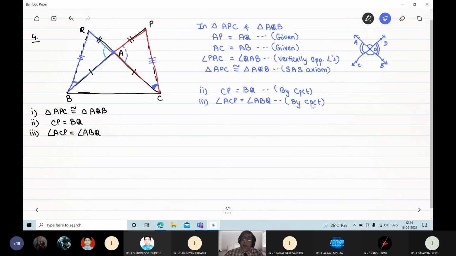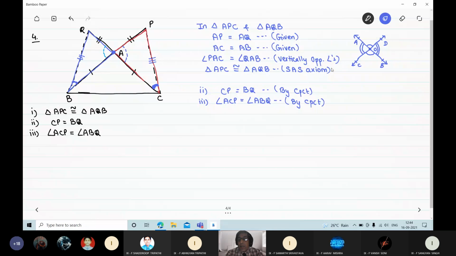Now in the exam, if this question is of 3 marks, you will get 2 marks for proving congruency and 1 mark for this CPCT. The second and third parts together get 1 mark. But this 1 mark will only be given when you have proved the triangles congruent correctly.